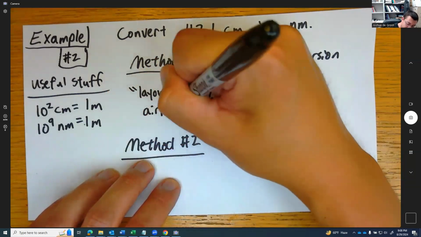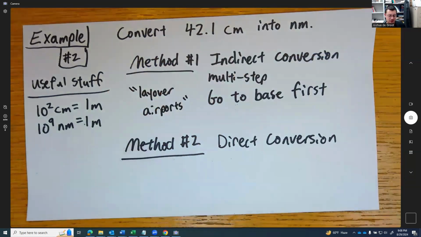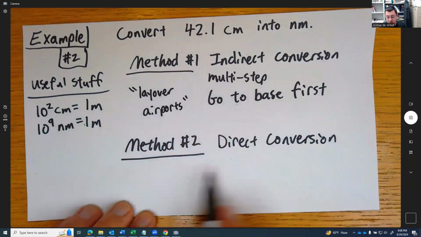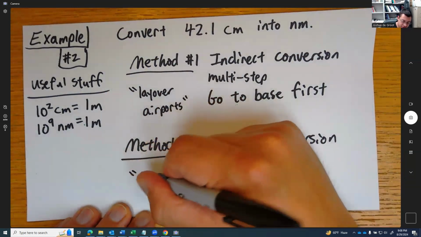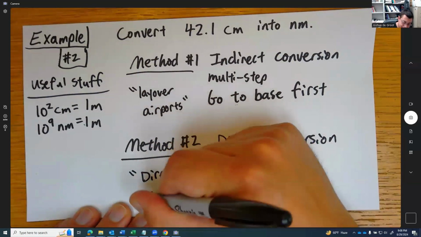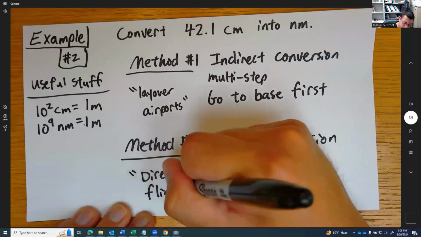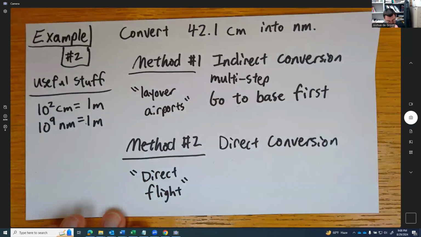I do realize not everyone's flown, so if you don't understand this analogy, don't worry too much about it. I think it'll make sense. And then the second one, direct conversion, is what I'm going to be calling a direct flight.